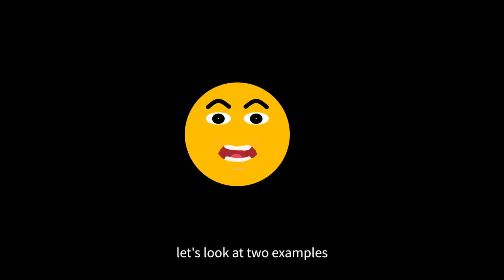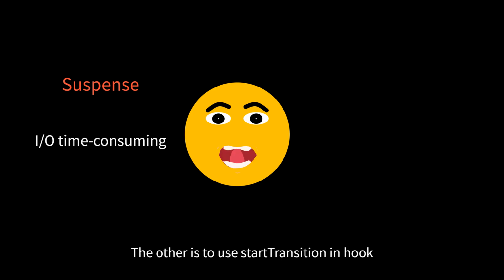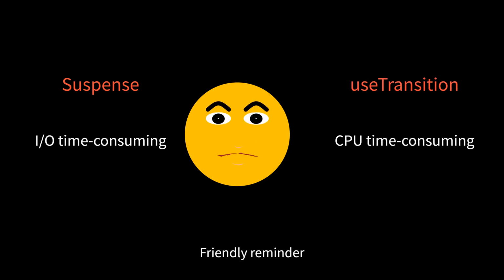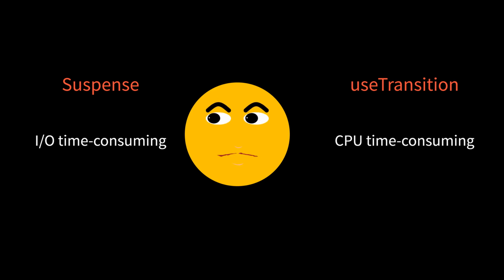Well, let's look at two examples. One is the use of the Suspense component, used for processing I/O time-consuming UI components. The other is to use startTransition in the hook useTransition, which is for CPU time-consuming work. Friendly reminder, from here on, basic knowledge of React.js is required.